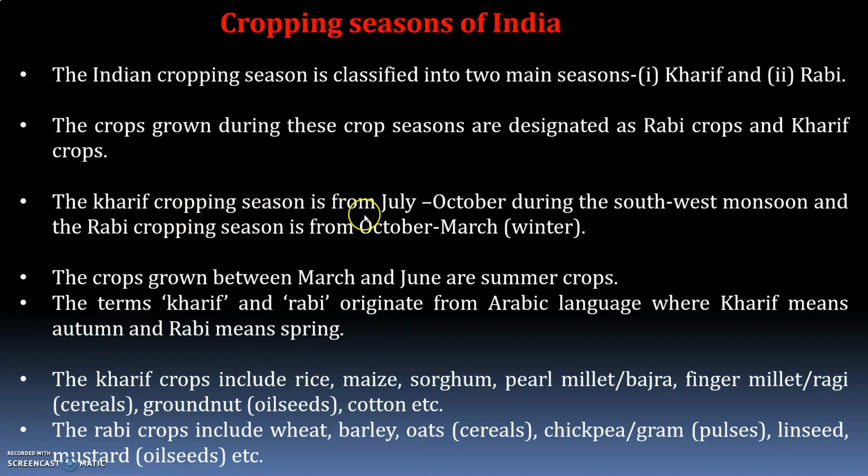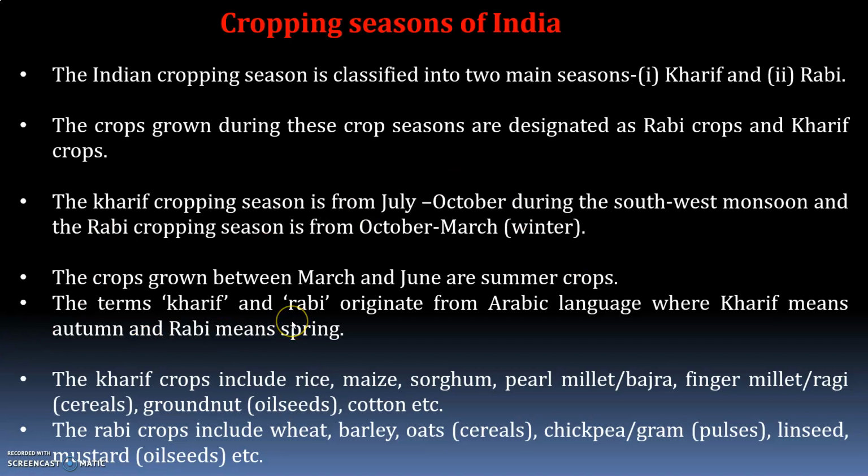The Kharif crop season is from July to October during the southwest monsoon, and the Rabi cropping season is from October to March, that is the winter season. And the crops grown between March and June are summer crops. Okay, so three types of crops: Kharif, Rabi, and the summer crops.